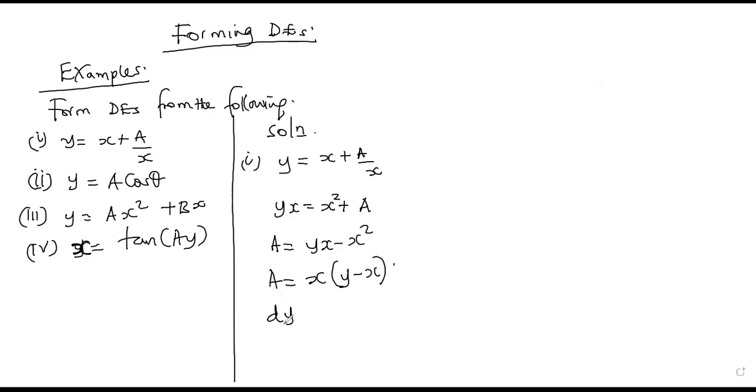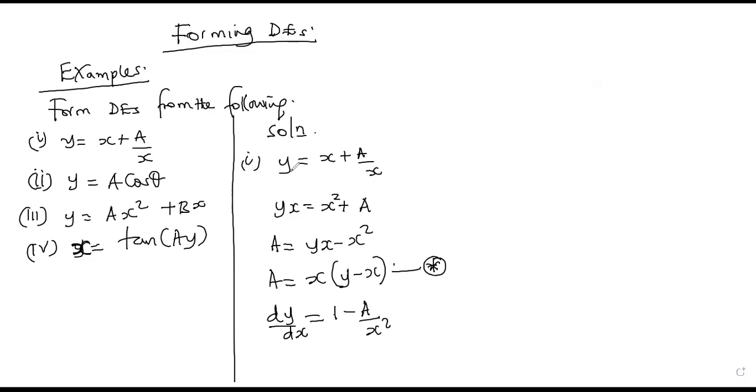So my dy/dx is equal to 1 minus a over x squared. So implying that if I substitute for the value of a here, in what I've done, I've just made the constant the subject, and I've gotten this.